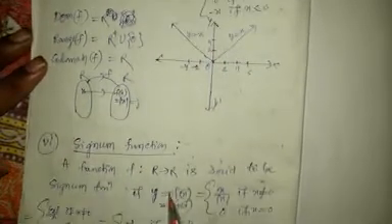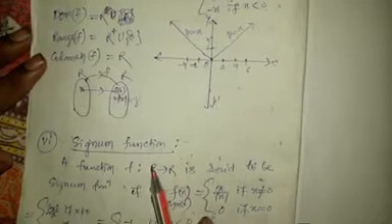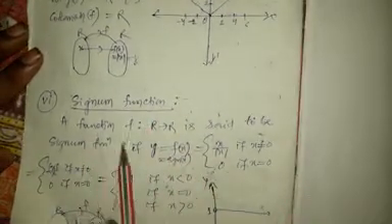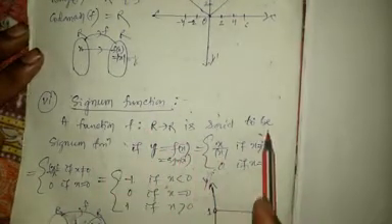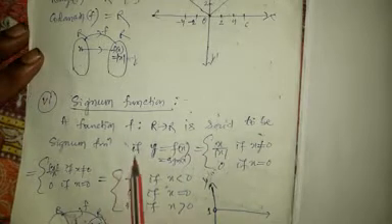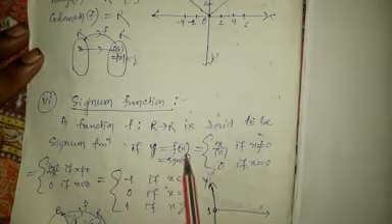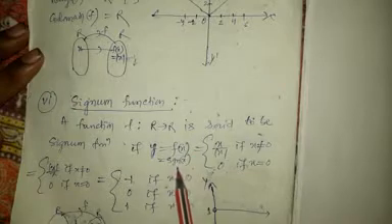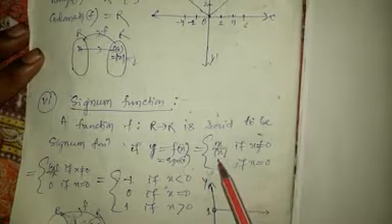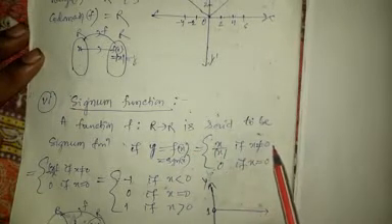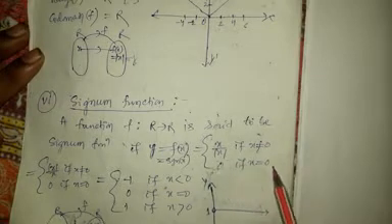Now, Signum Function. A function f such that R to R is said to be Signum Function if y is equal to f of x, that is equal to Sgn of x. That means x by modulus of x if x is not equal to 0, 0 if x is equal to 0.